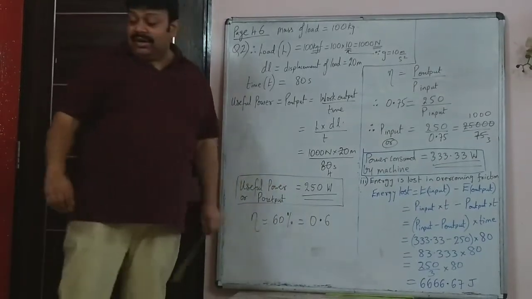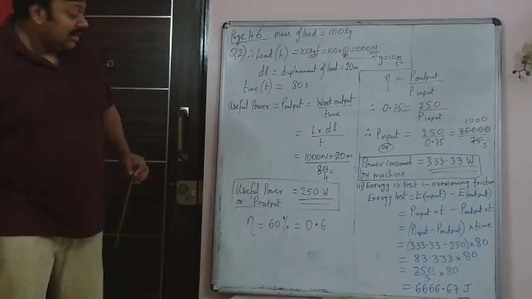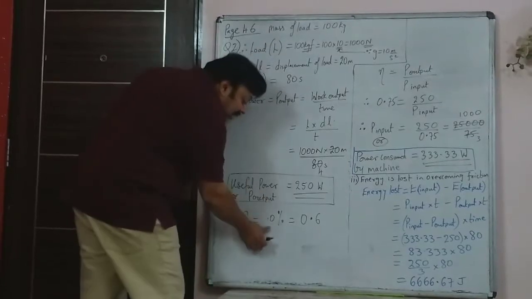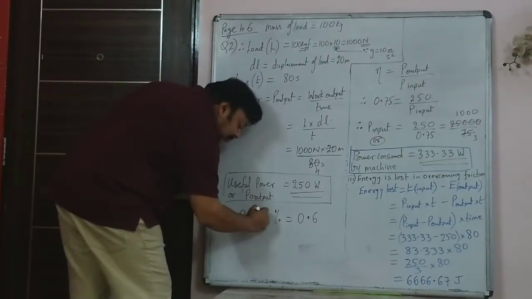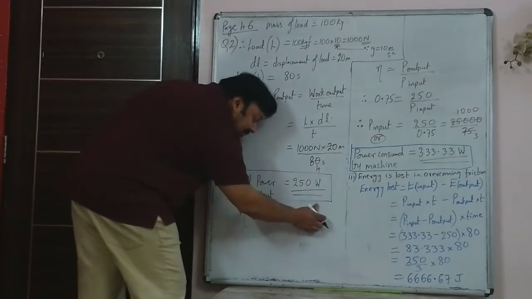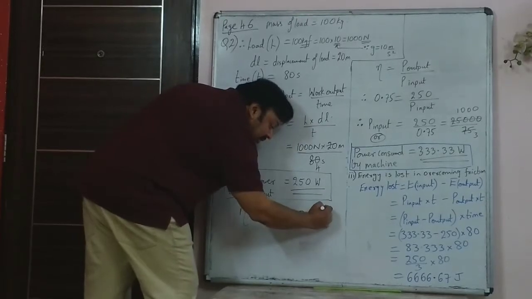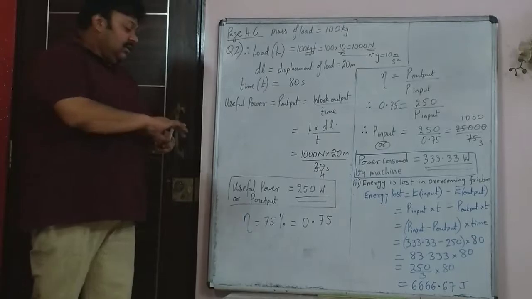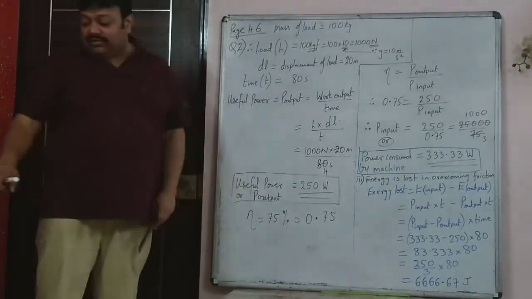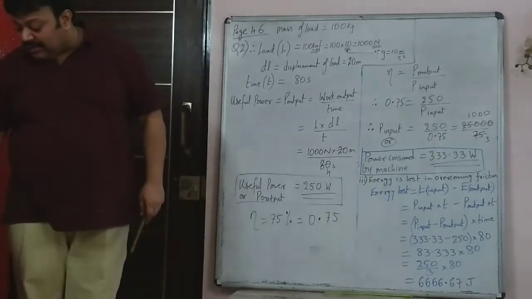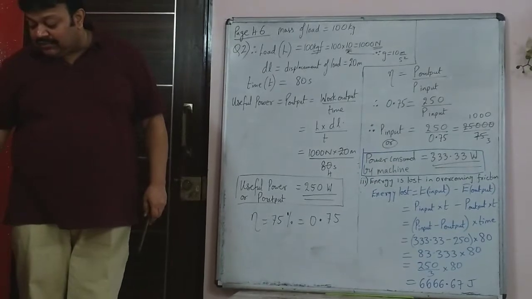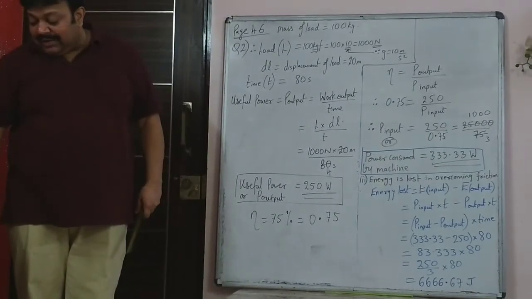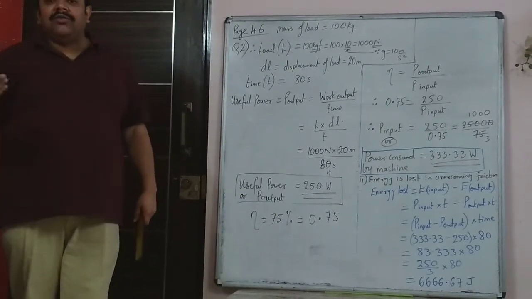Now when we continue with the sum, the second part, the efficiency of the machine is given as 75%, that is 0.75. Now based on this efficiency, you have further been asked, if the efficiency is 75%, find the electric power being consumed by the machine.